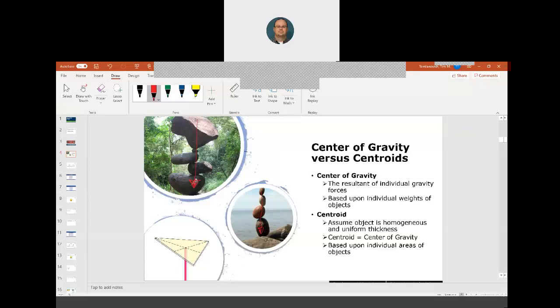So instead of basing our calculations on weights, we're going to base our calculations on areas. If we can assume that the material is homogeneous and uniform thickness, center of gravity will equal the centroid. Here we have a little picture of a centroid, so we basically find the centroid of the area of that triangle.